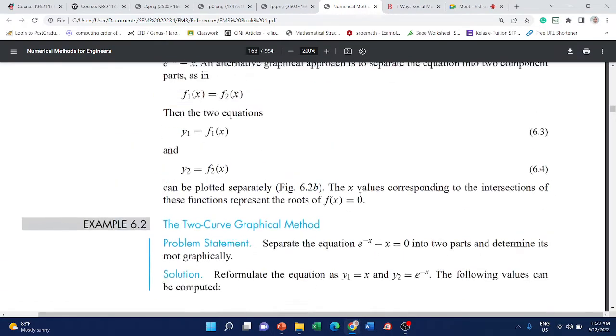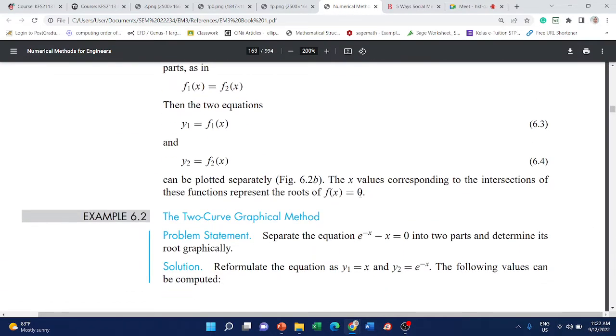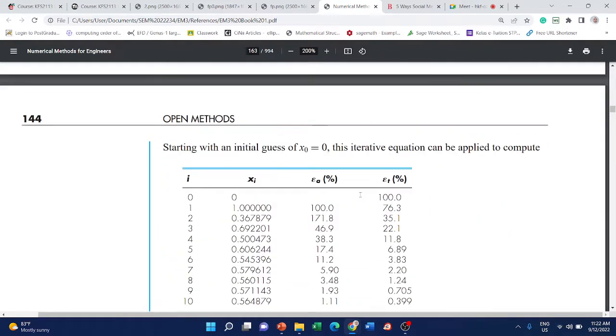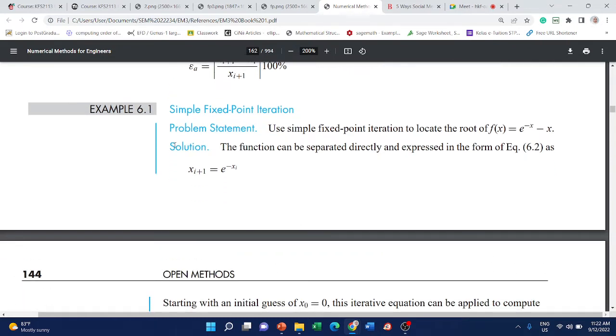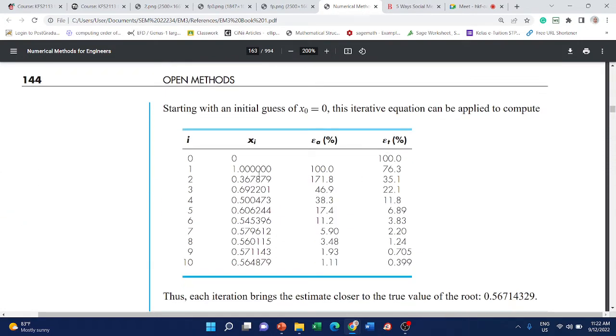The one that I'm explaining here is example 6.1, the fixed point iteration example from chapter 6, on page 143. So this is the table.